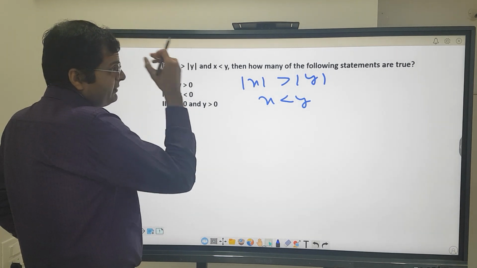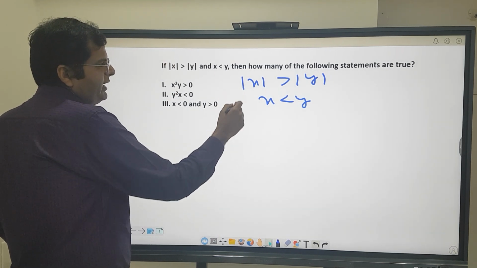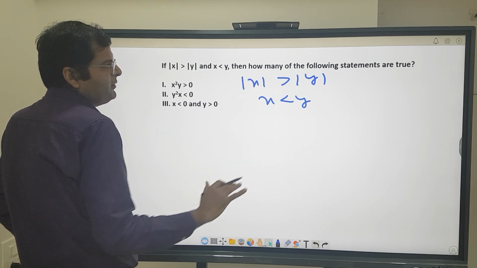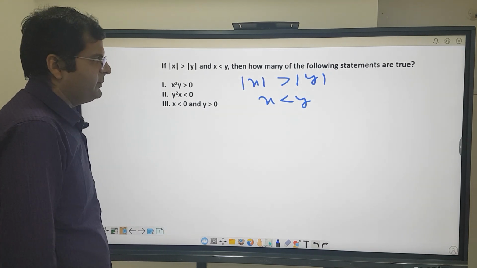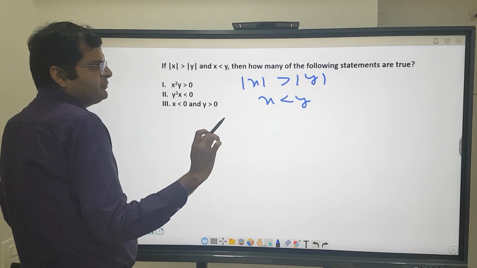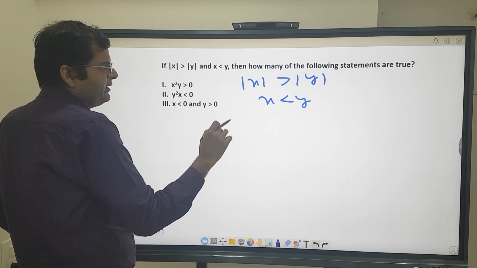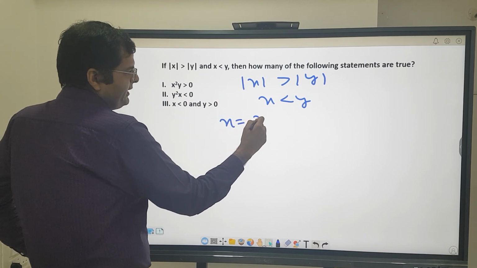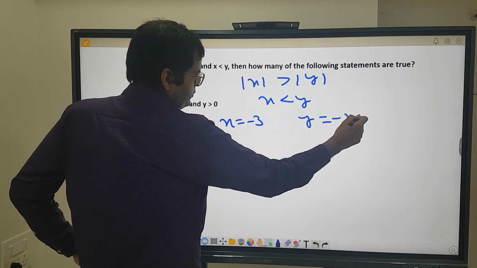So if you look at it, if you take x as less than y, can both of them be positive? Here it's not possible, because if both are positive, and the absolute value of x is greater than the absolute value of y, then x has to be greater than y. If I take both of them as negative, let's take x as -3 and y as -2.